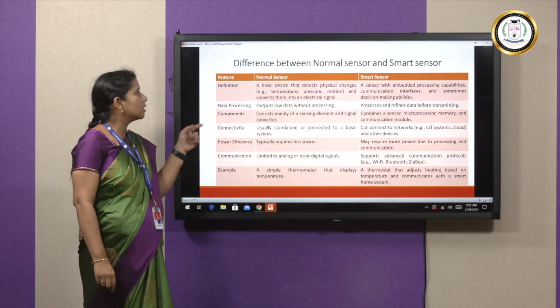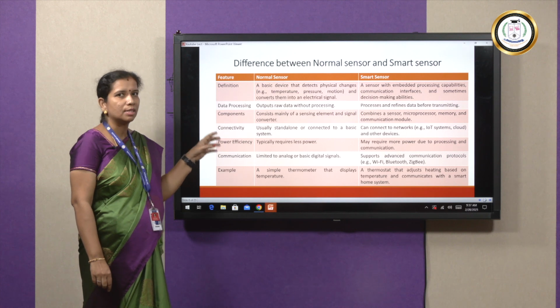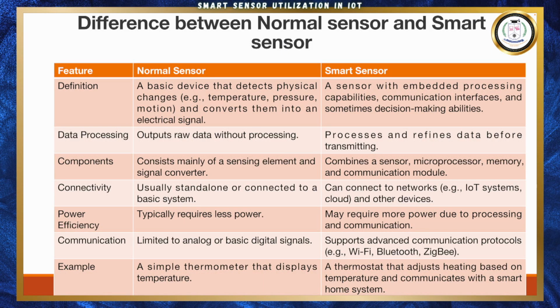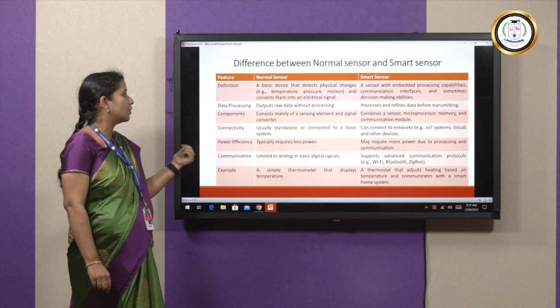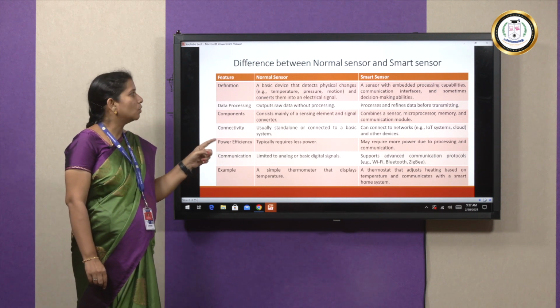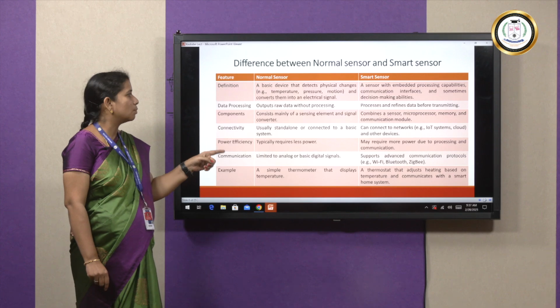Regarding components, a normal sensor consists of one sensing element and an electrical signal converter, whereas a smart sensor comprises a sensor, a microprocessor and communication devices. For power efficiency, a normal sensor requires less power, but a smart sensor requires more power.